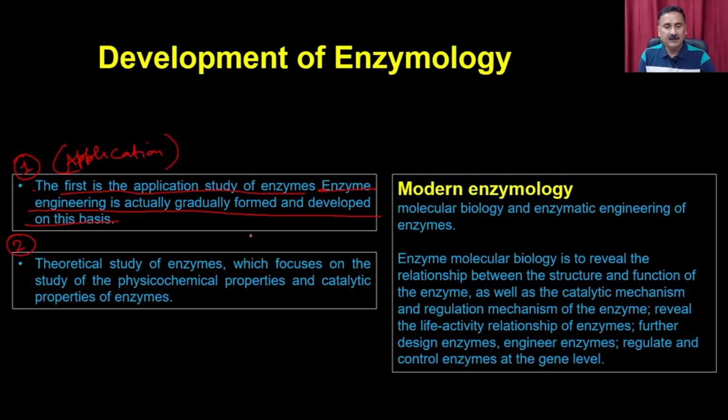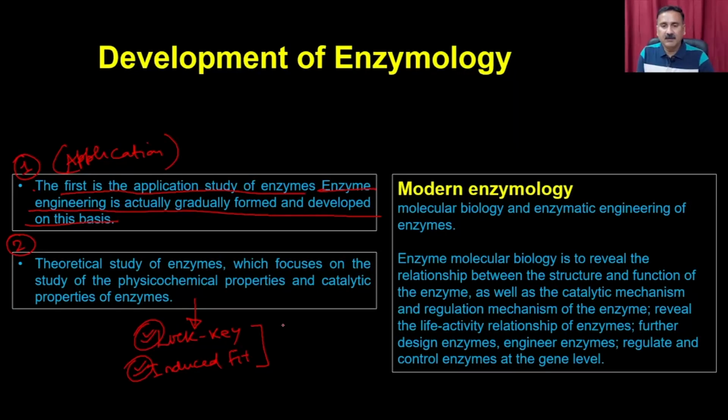And that evolved into the proposal of the lock and key model, as well as the induced fit model, because these are the models which were proposed based on the theoretical study of enzymes. And that helped in enhancing the catalytic properties of the enzymes, so that they can process the same event even faster, right? So you can have more efficient enzymes.